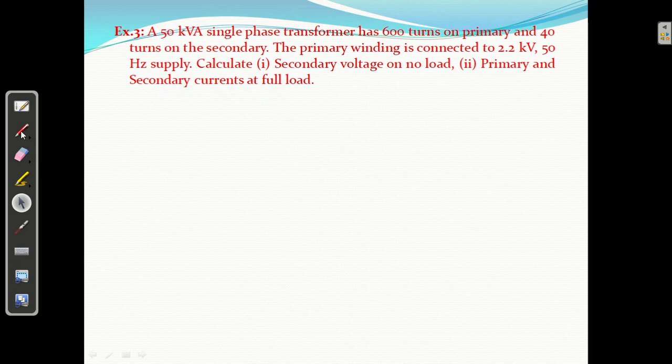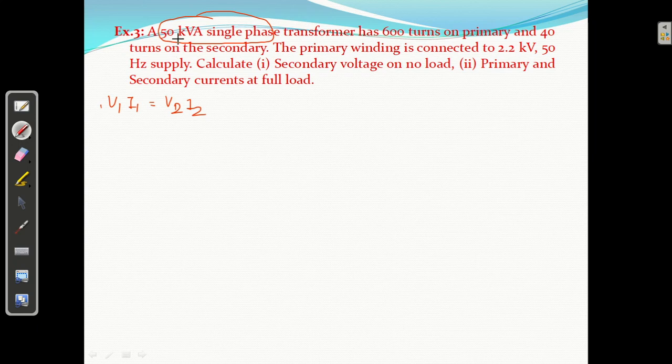Question number 3. I have given a 50 kVA single phase transformer. This is the rating, volt ampere. So V1 I1 volt ampere rating, and we know in case of transformer V1 I1 equal to V2 I2. Please remember, that's why I am taking this problem.